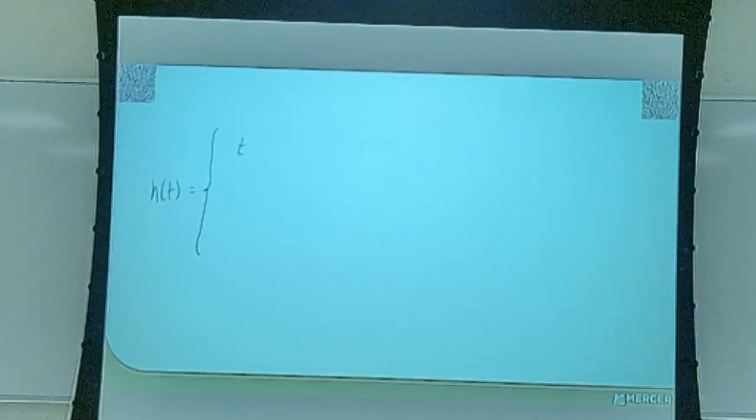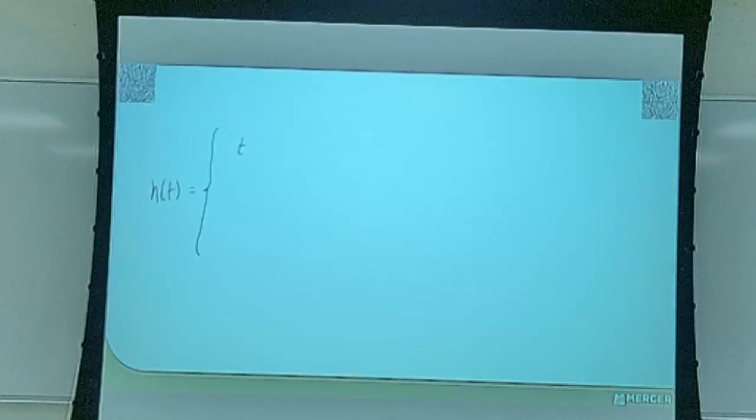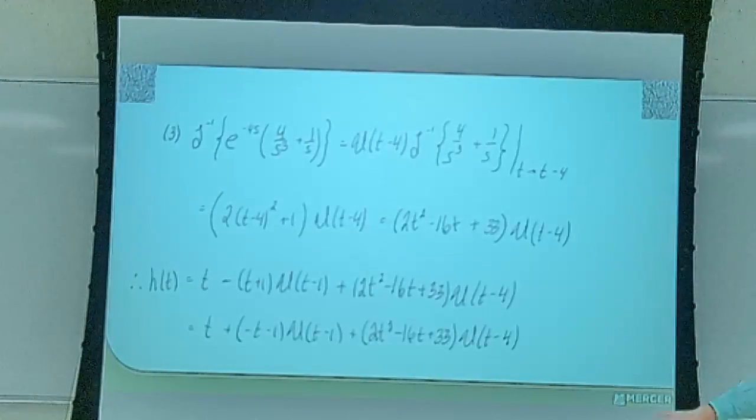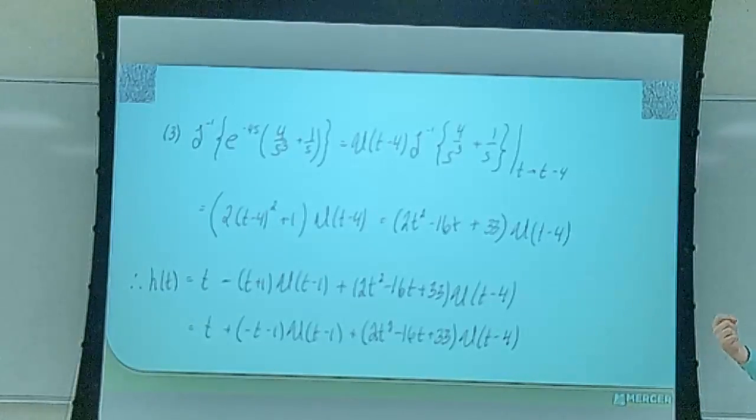Now remember the second one there, negative t minus 1, has to be f1 minus t. Right, so negative t minus 1 has to be f1 minus t. That means f1 what? Negative, just negative 1. I'll worry about the intervals after I get my pieces. That third one, 2t squared minus 16t plus 33, has to be f2 minus f1.